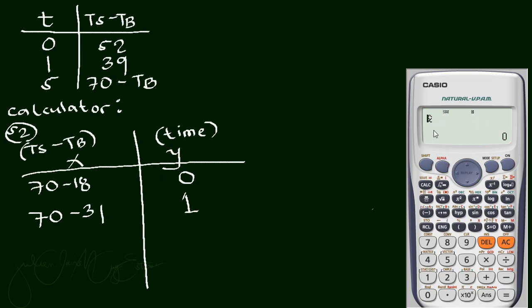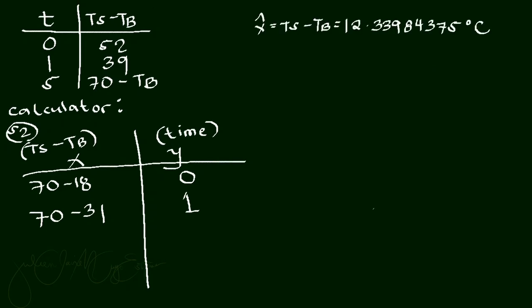So we are required to get the TS minus TB there at 5 minutes, so press equals. So that will be the temperature, that is 12.33984375 degrees Celsius.